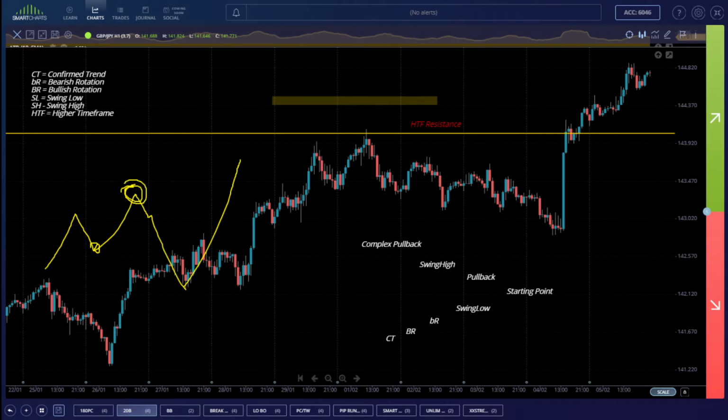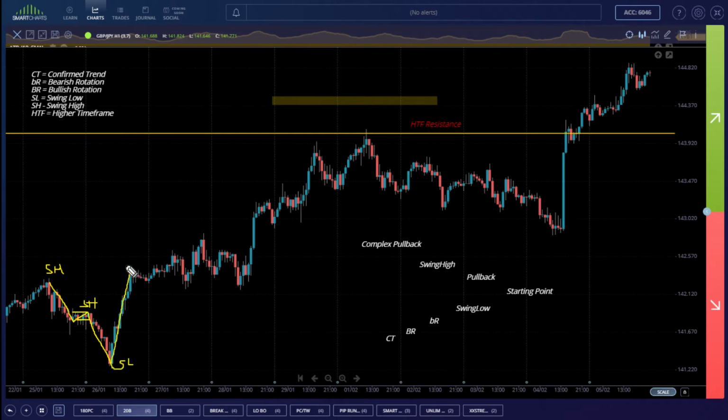On the left hand side of your charts, you can see that price had gone down and we had this little consolidation. This would be your swing high, and this is your next swing high. Then price has come down and made a swing low.